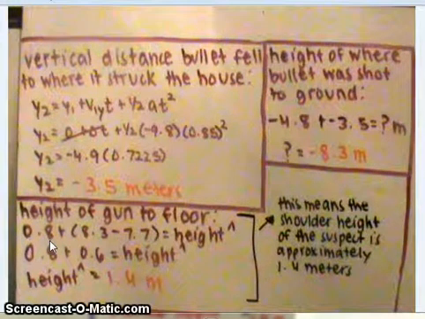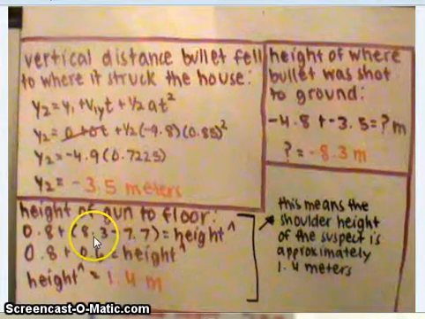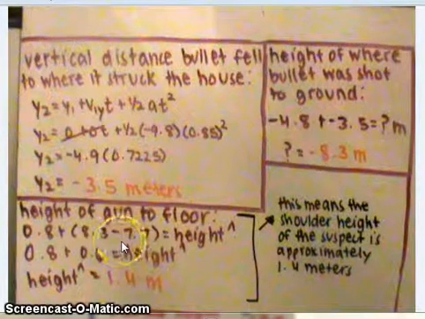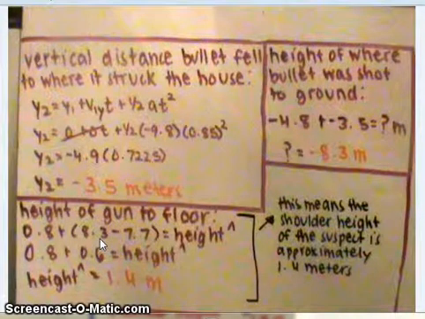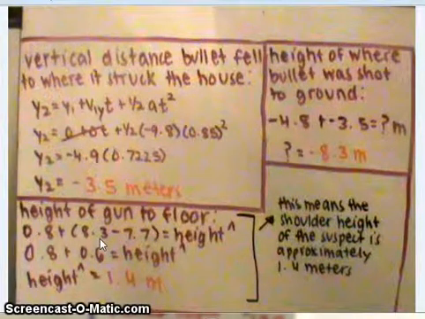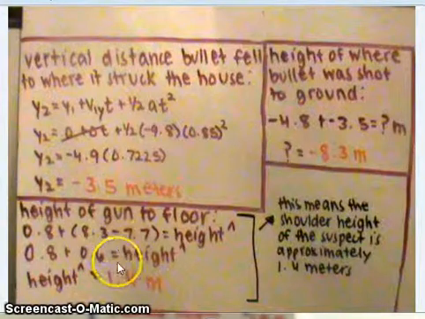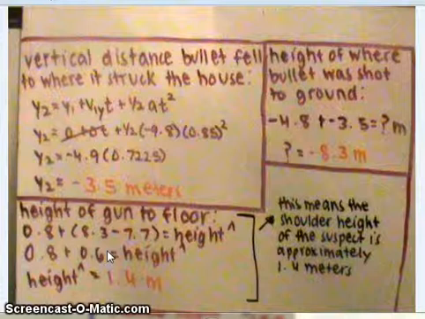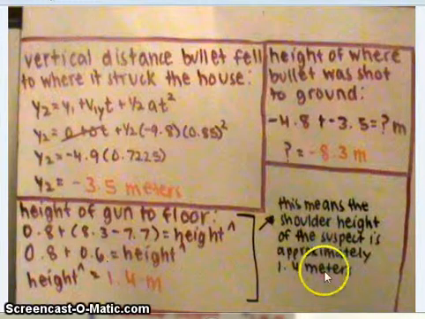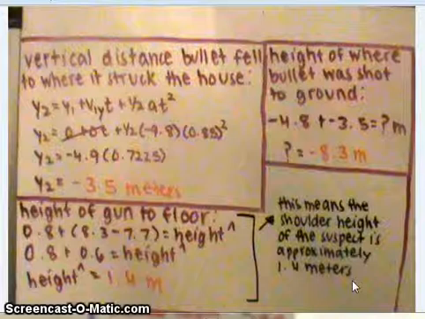The 0.8 is from the bottom of the 3rd floor window to the floor, and the difference here is that the 7.7 is the height of the school building, and this is from where it was shot at. So then I got 0.6, and this was 1.4 meters is the height of the gun to the floor.